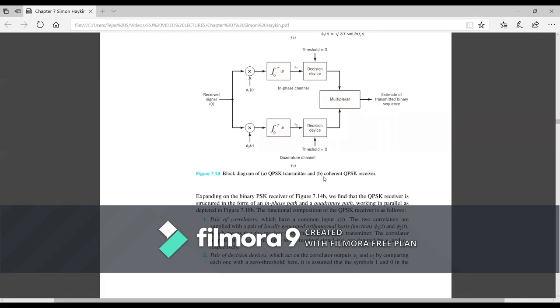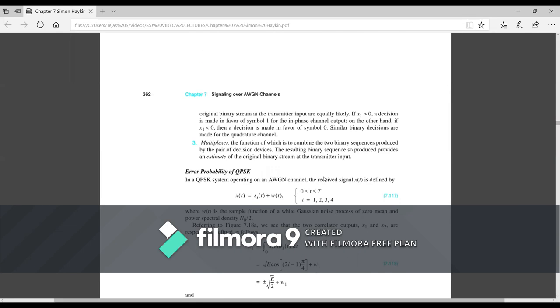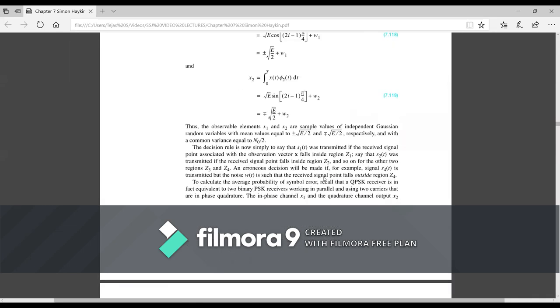So let us rewrite the probability of error of a BPSK signal, which is nothing but that in the in-phase and quadrature paths of the coherent QPSK receiver, as P' equal to Q of root of E by N0, where E is nothing but 2 into Eb. But errors in the in-phase and quadrature paths of the QPSK receiver are statistically independent.